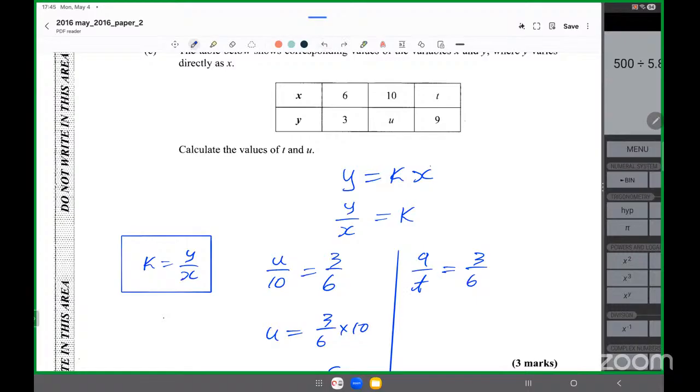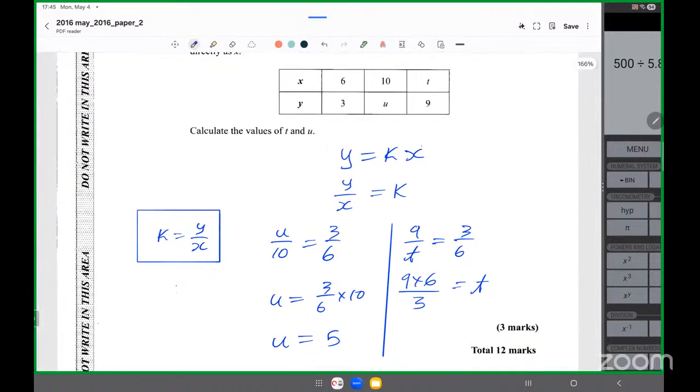If you work it out, this works out to be a half. So we can cross multiply: t equals 9 times 6 over 3, and t is going to be 18. But if you realize that the ratio is always a half, see, this ratio is a half.